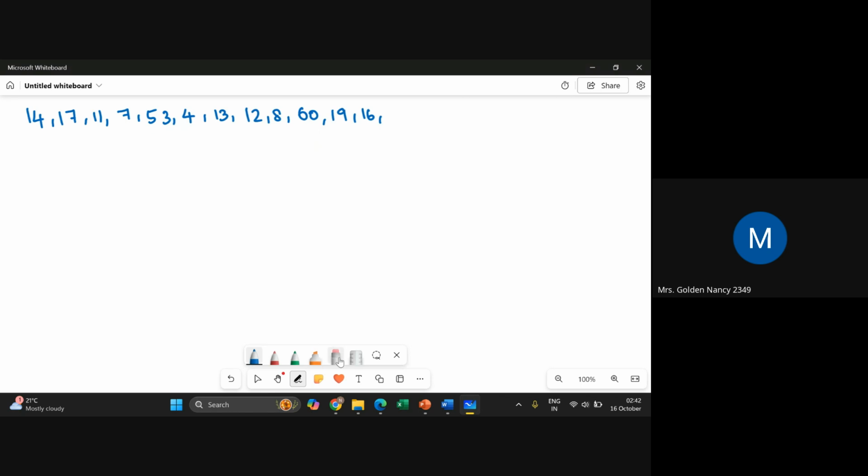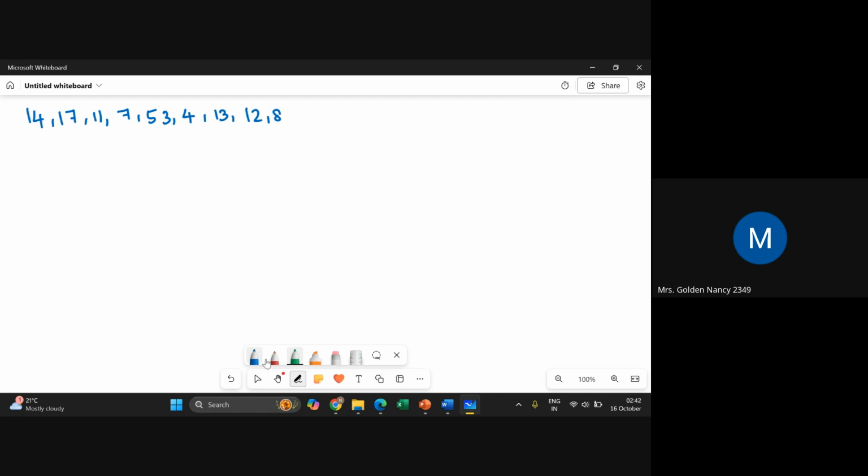Okay, I'll cut short this. This much is enough. Fine. So these are the values given to you for inserting in an AVL tree. In an AVL tree you can perform insertion and deletion. We'll see insertion now, and I'll show you an example for deletion also.